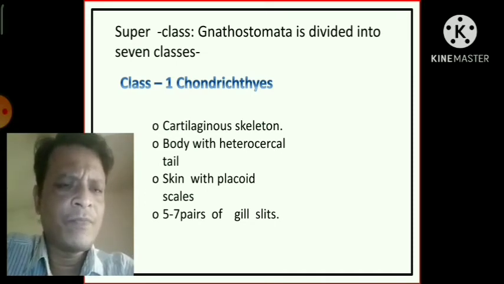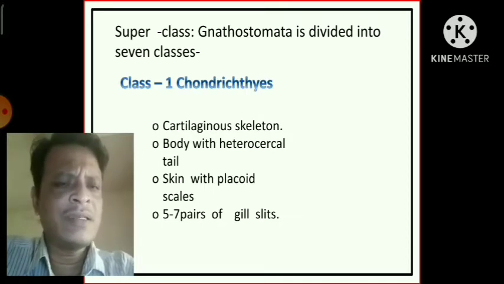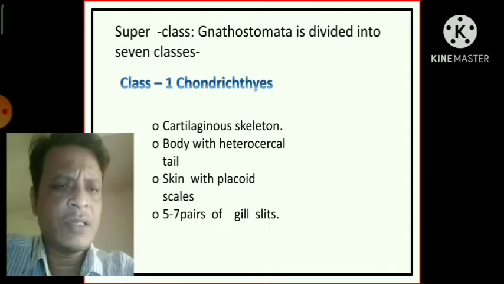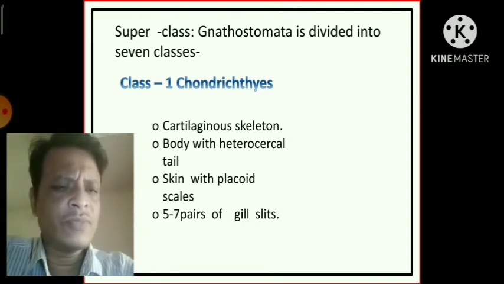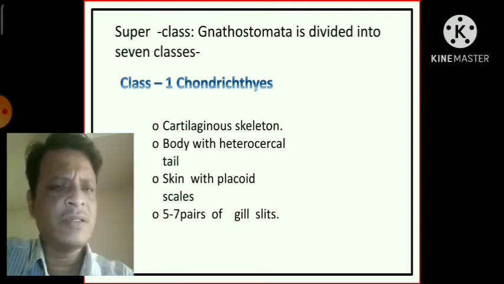Heterocercal caudal fin means the 2 lobes of the caudal fin are dissimilar in structure. That's why this type of caudal fin is called the heterocercal caudal fin. Skin with placoid scales and 5 to 7 pairs of gill slits are present in the animals belonging to the class Chondrichthyes.